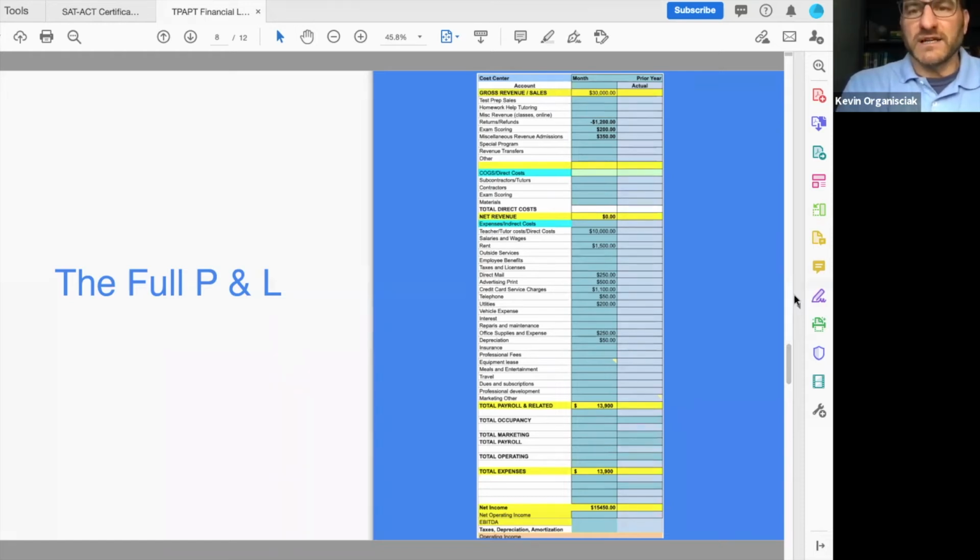And you'll notice on the right column, sort of the gray column there, it has a prior year number. And most P&Ls, a good P&L gives you your current month performance and also the same month from the prior year. And the idea is that you want to do a couple of things.